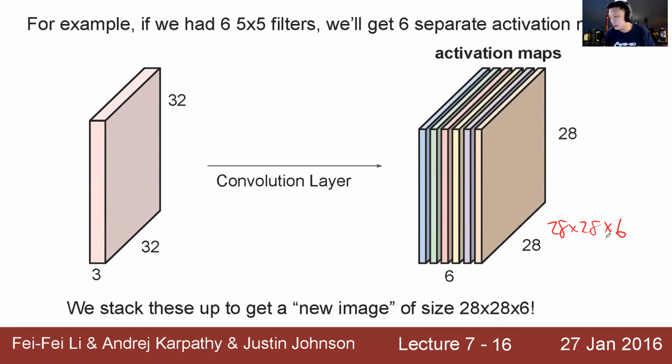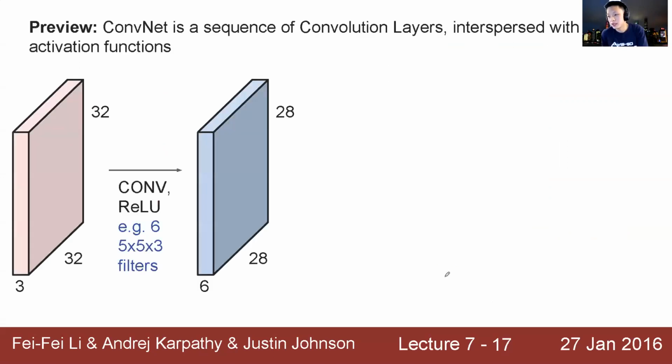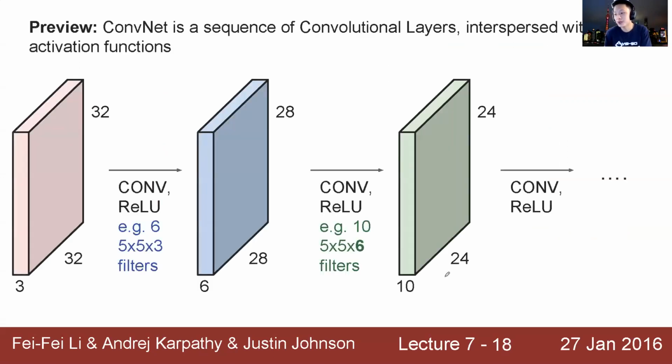And intuitively, you might think that each of these 6 slices is looking at a different feature, or maybe some composition of simple features. Each of these 6 is looking at something different. And basically, what happens in a convolutional layer is you just keep doing this many, many times, maybe on the order of 10 if you're building a very simple network.